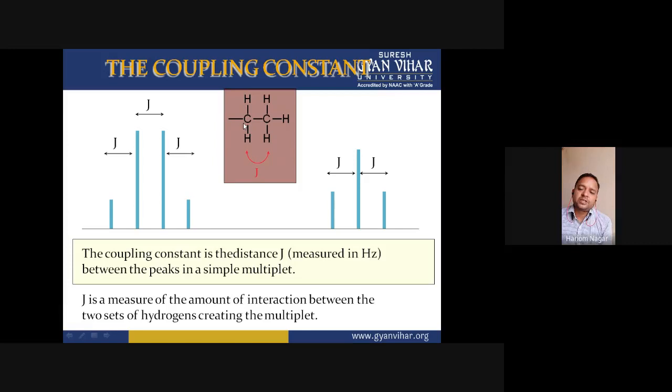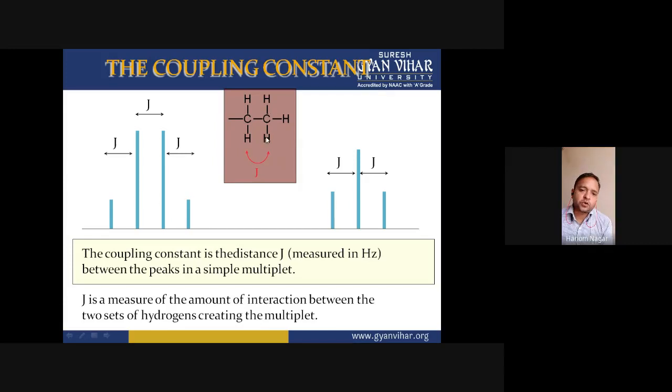There is also the possibility that one proton is spinning clockwise and one anti-clockwise. If the CH3 protons interact with such an orientation, there is no shifting of the peak in downfield and upfield direction.